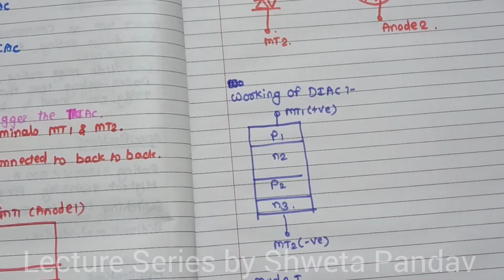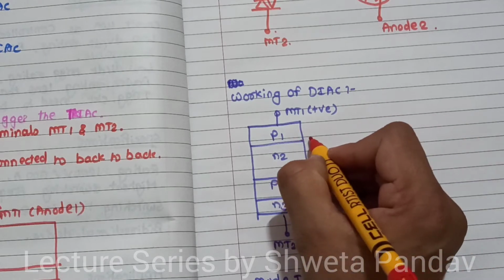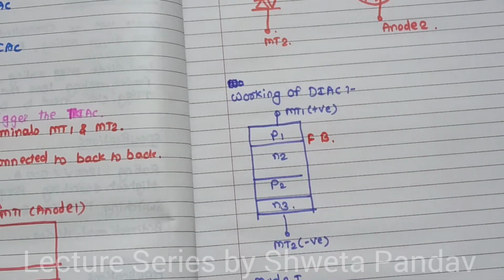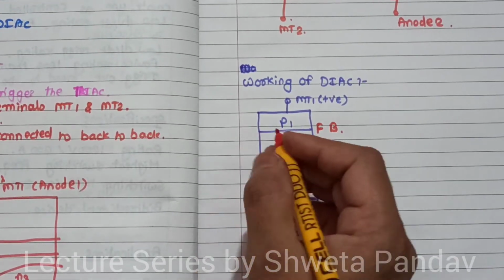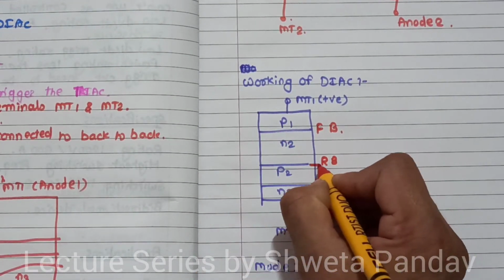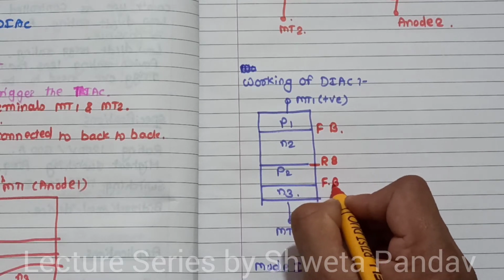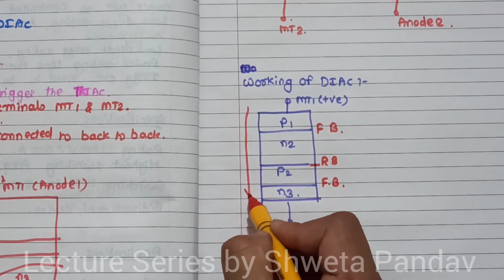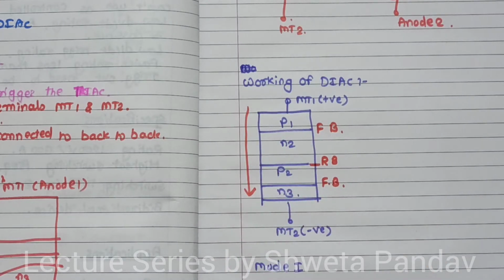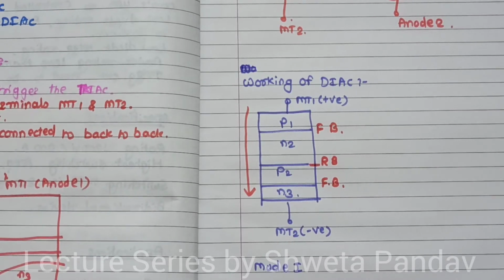So the P1 N1 junction is forward biased. Then the middle junction is reverse biased, and the last junction is again forward biased, and the current flows through the P1 N2 P2 N3 layers in mode 1.